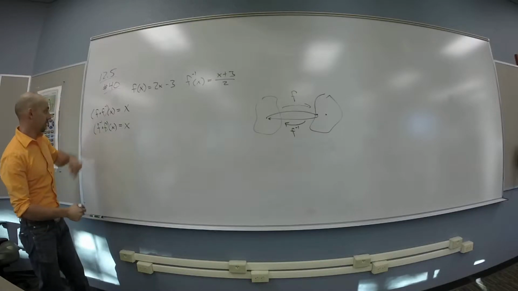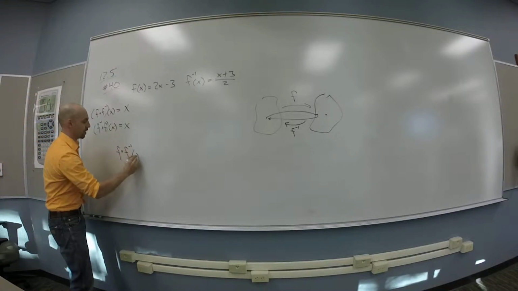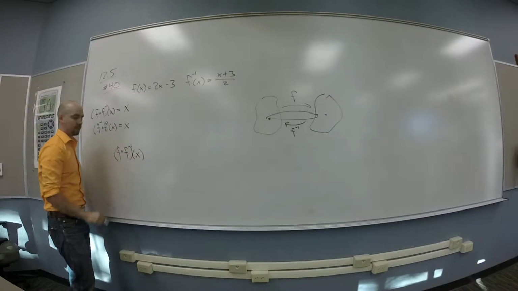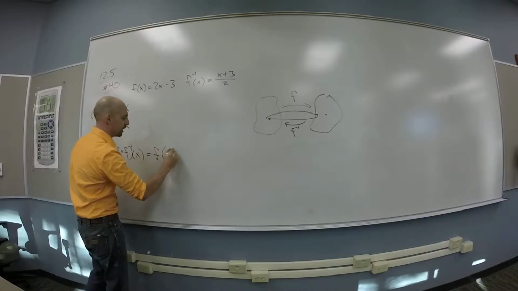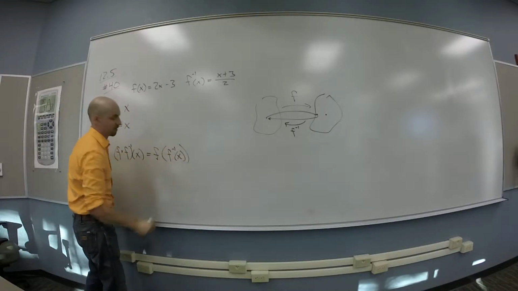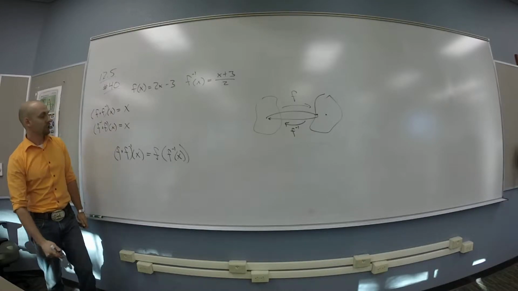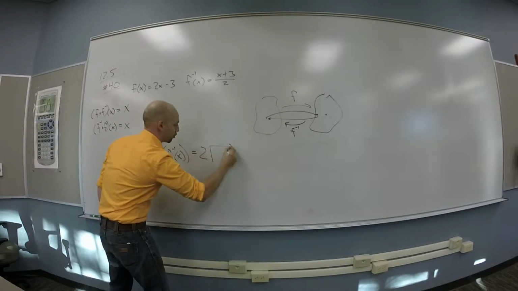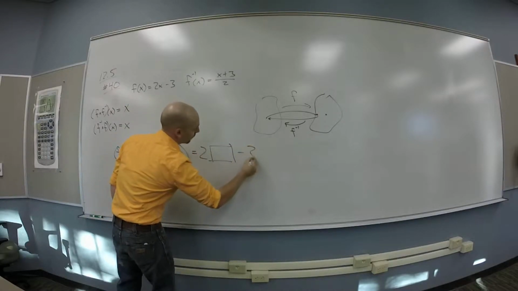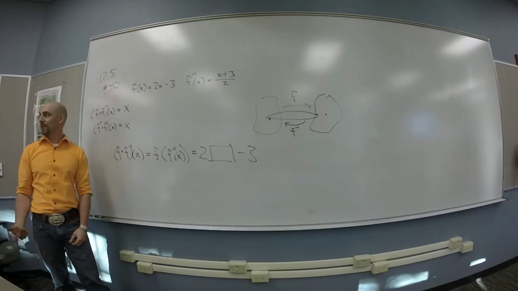If I wanted to do this without noticing this fundamental fact, I could. We could say, for the first one, I want to do f of f inverse of x. That's f done to f inverse of x. Yeah? So I can take my rule for f, that's twice whatever minus 3. And then what am I sticking in for the whatever?